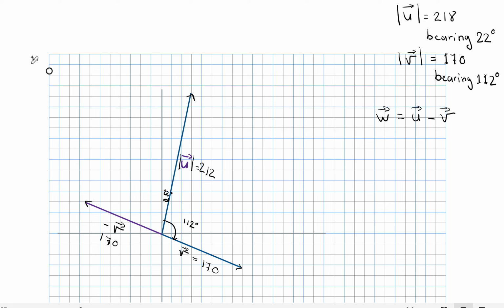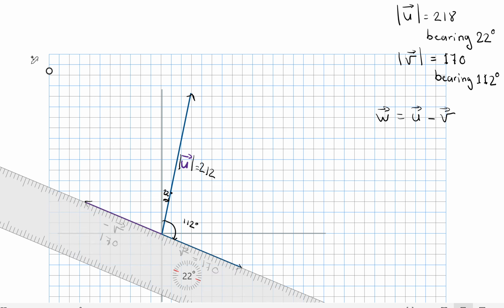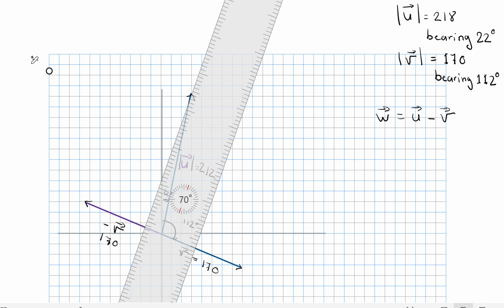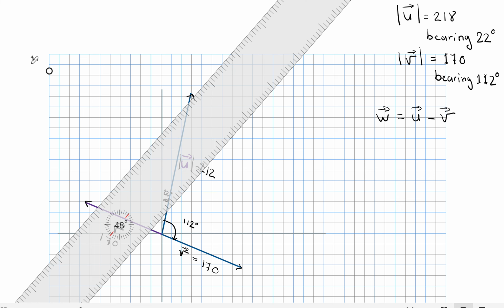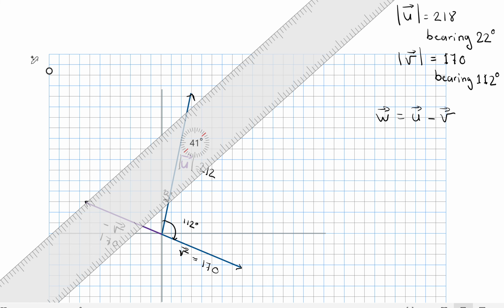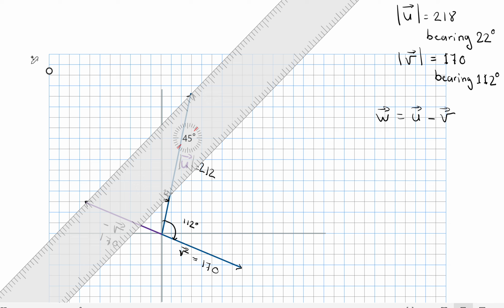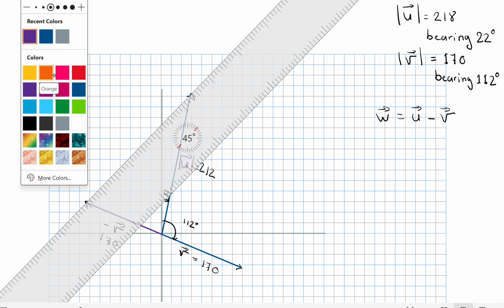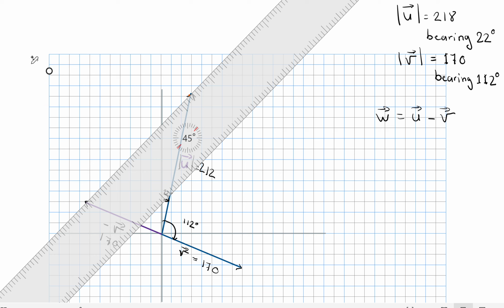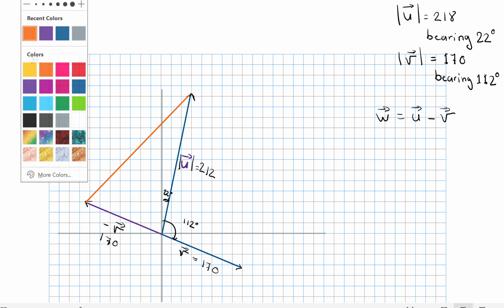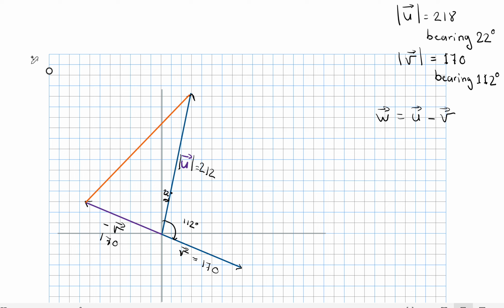Okay, so then what you were trying to do, and let's see if I can bring my ruler here, is connect those two. So the u and the negative v to make that our vector w, right?